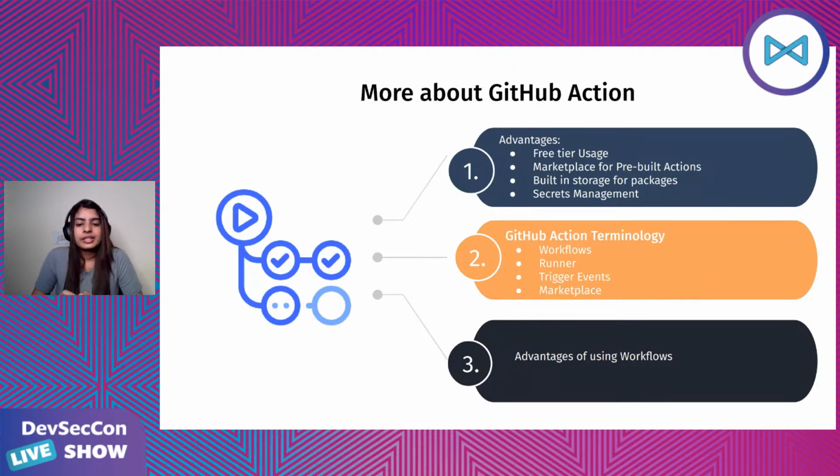MNCs usually have multiple teams working on a single project. GitHub Actions also helps in simplifying such multi-hierarchical workflows. Some other benefits are that it is built into GitHub, multi-container testing, multiple CI templates, and a great free plan.